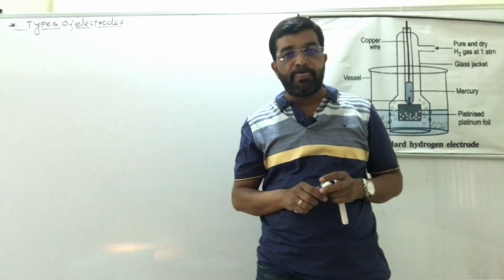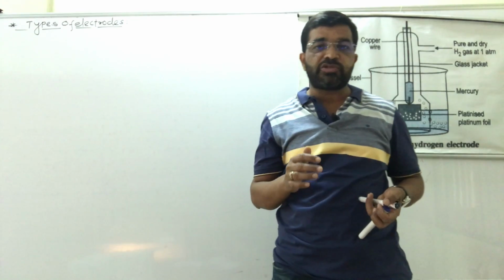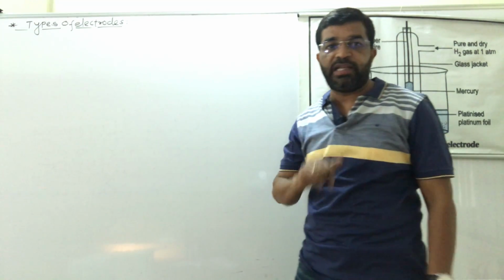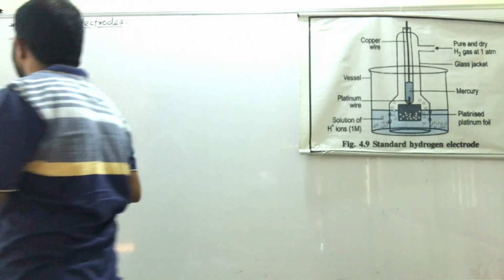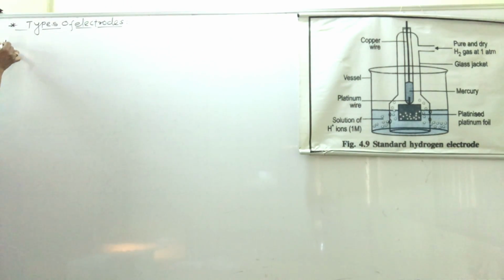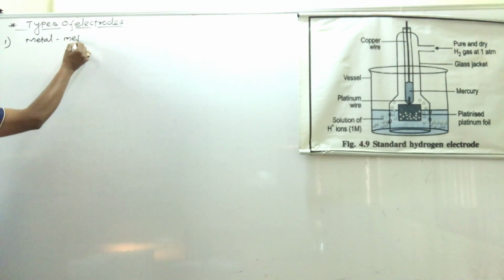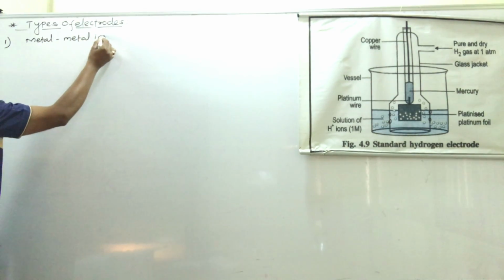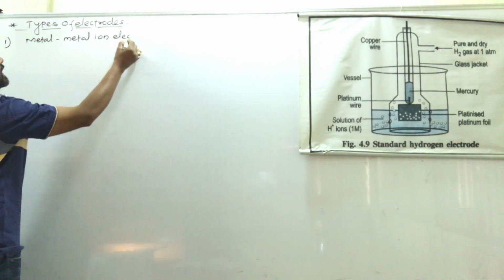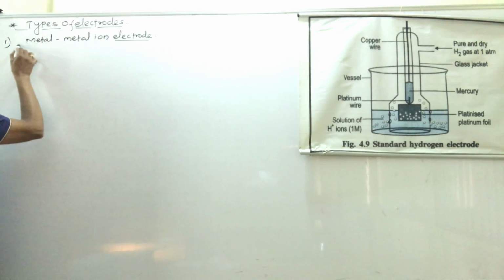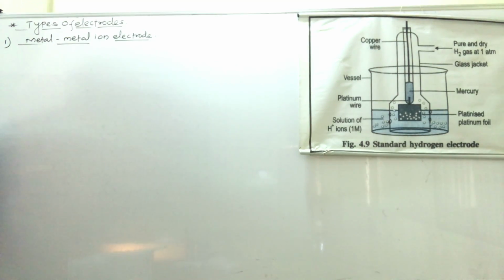Now these half cells or electrodes are of different types, and here we are going to study those types. The first type of electrode is the metal ion electrode. So what is a metal ion electrode?